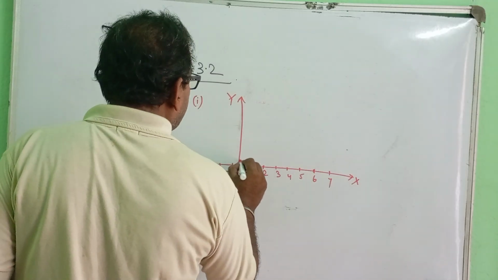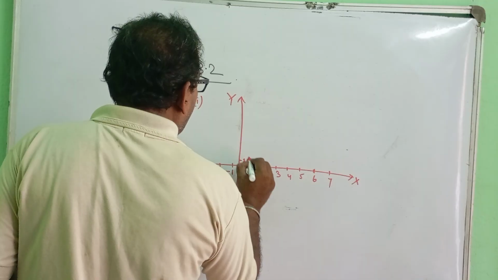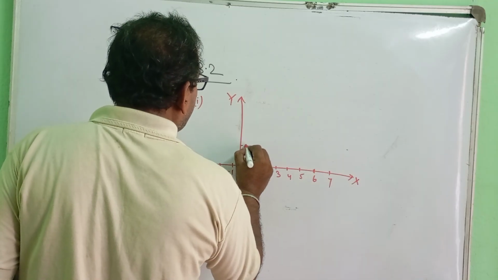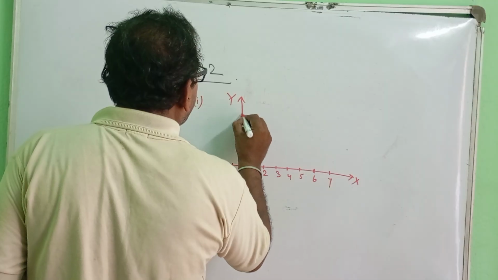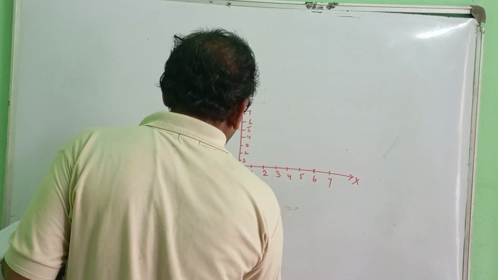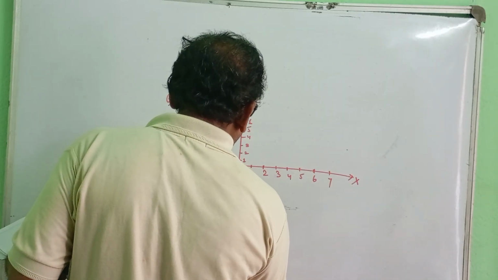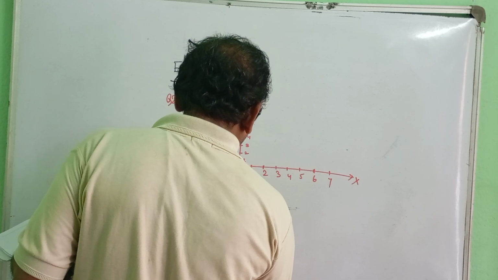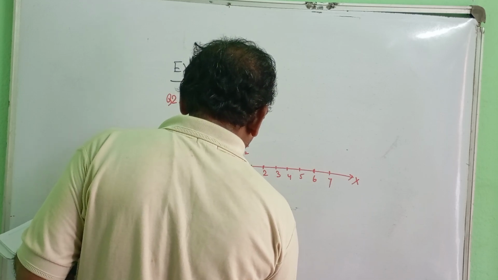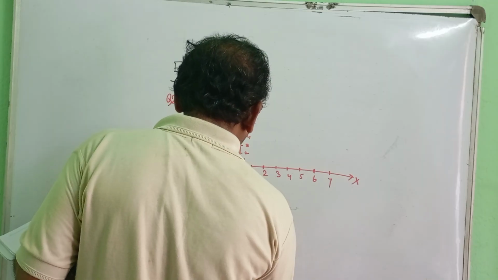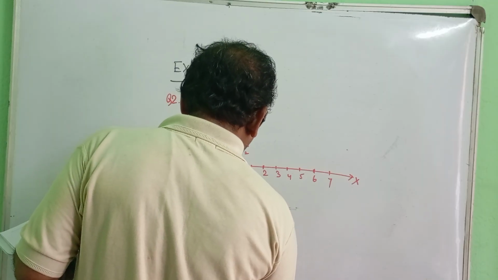Now this one is 1, 2, 3, 4, 5, 6, 7, and this part is minus 1, minus 2, minus 3, minus 4, minus 5, minus 6.